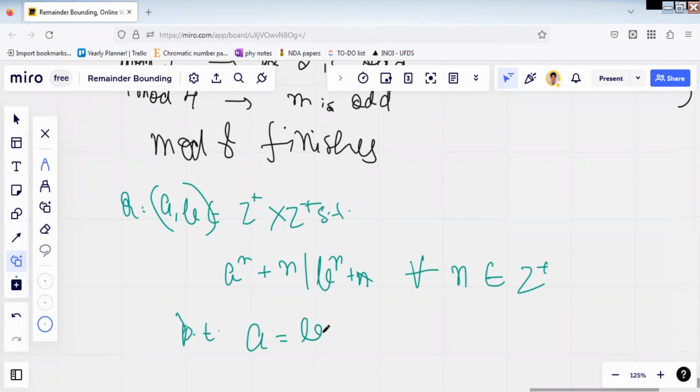Prove that a equals b. This one is not that related to the divisibility ideas we have done, but it's still a nice problem on divisibility, so we'll do it.